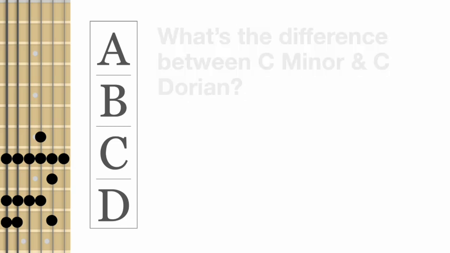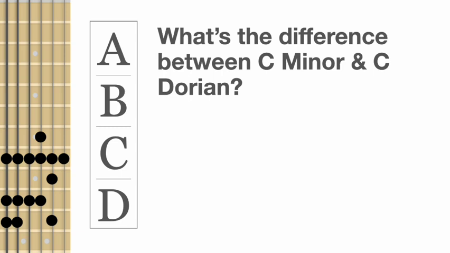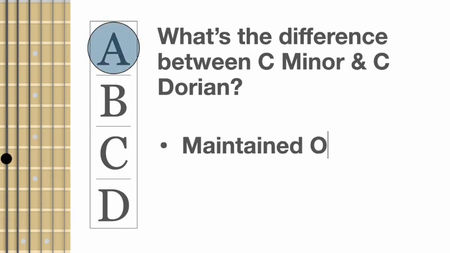But here, once again, we're looking at our grading scale. But what we're going to do is start off looking at C Aeolian, or C minor, right? That's going to be our base scale that we're going to look at the variations from. And we're going to ask the question, what's the difference between C minor and C Dorian? Well, again, this is a great question to be asking yourself as you're learning the modes, because we've maintained the same tonic, C, that's awesome.